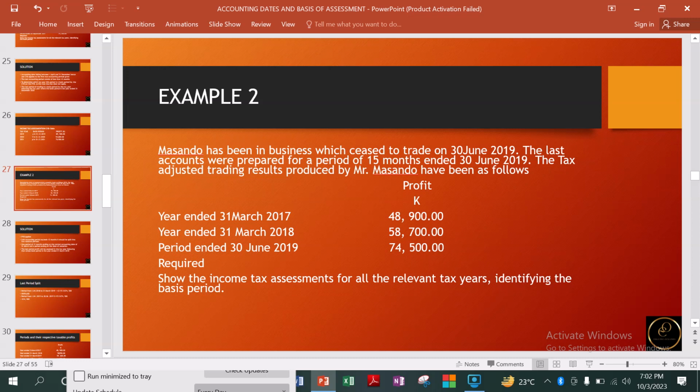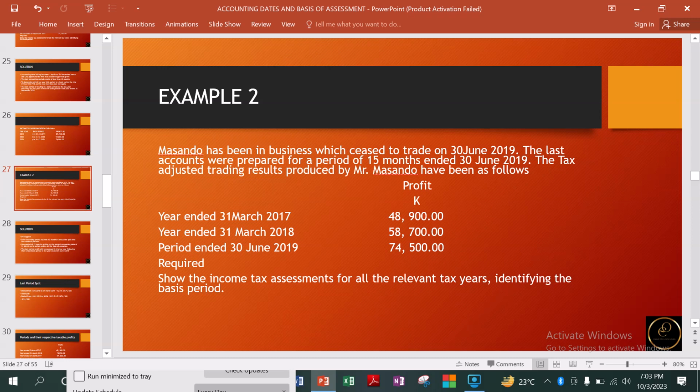Again, just like before, the thing to note is that there is a period involving more than 12 months, the 15 month period, where we are required to split the period into 2 notional periods.